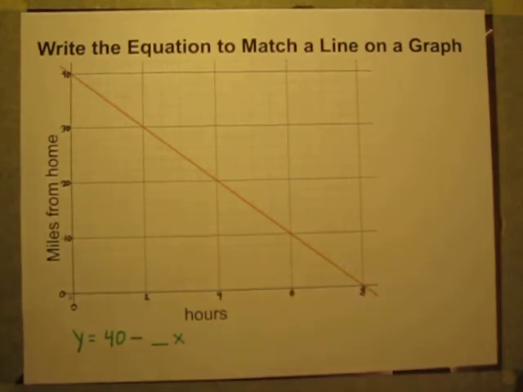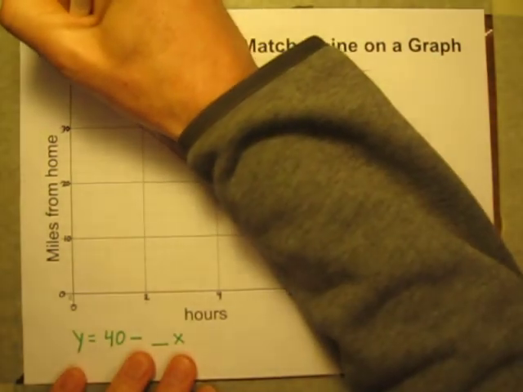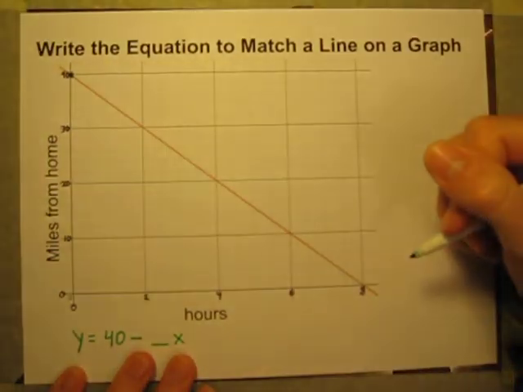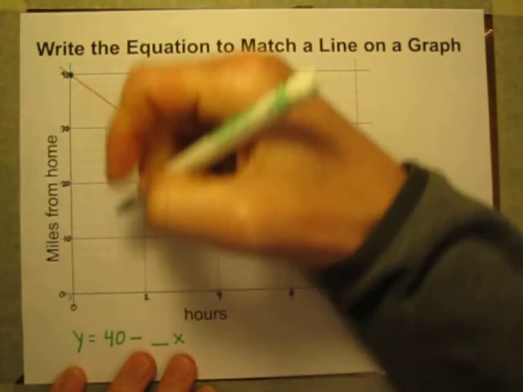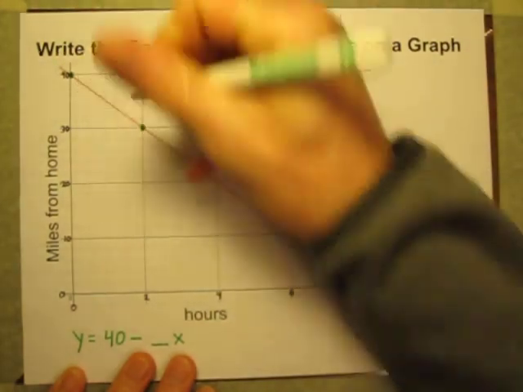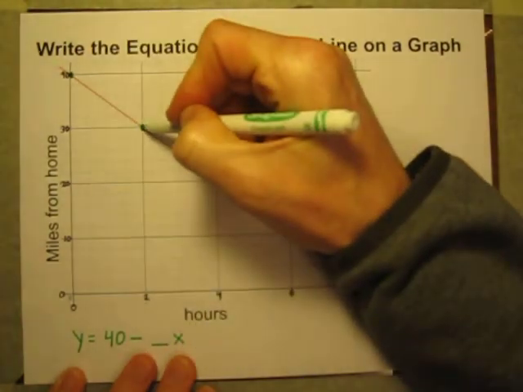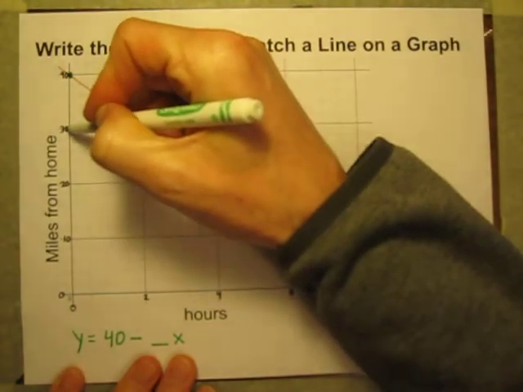And to figure out the rate of change, I want to pick two different times and figure out the miles and the hours in between them. So for example, I could take the starting distance of 40, and I can see here after 2 hours, the distance is 30.